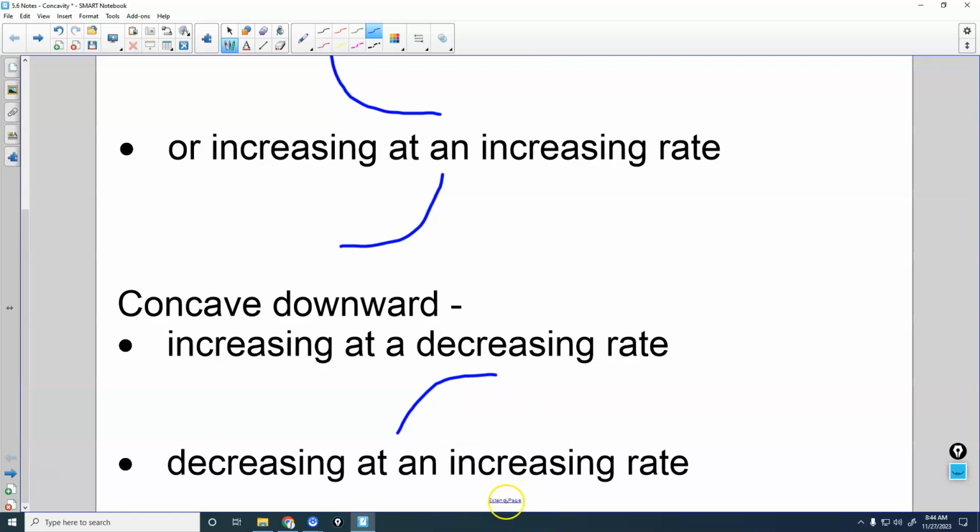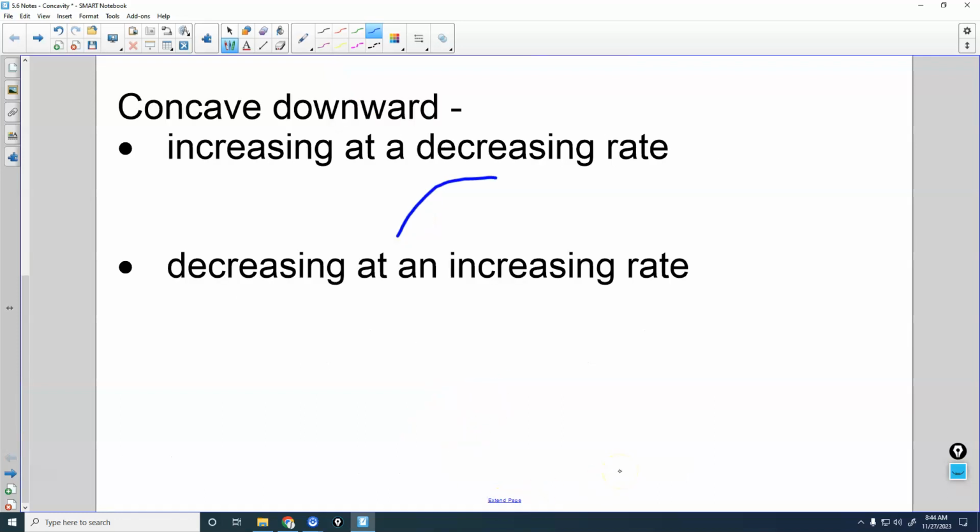Or our last option here is decreasing at an increasing rate. If you're decreasing at an increasing rate, you're decreasing slowly at first and then rapidly towards the end. You can see both of those make something that's curved down looking.